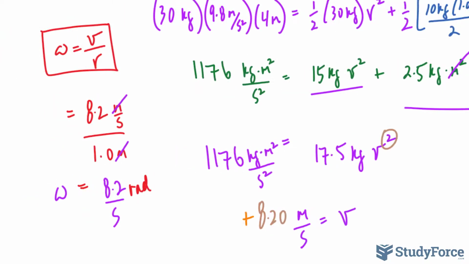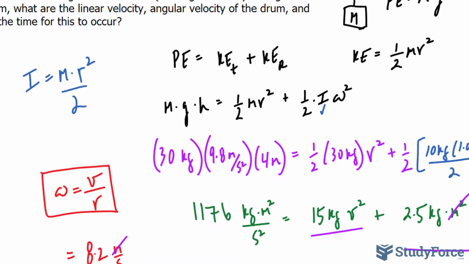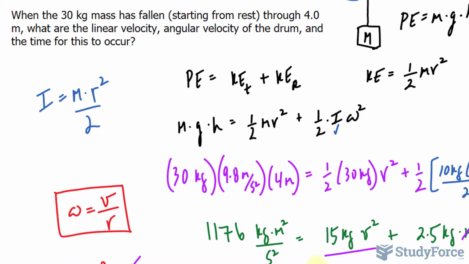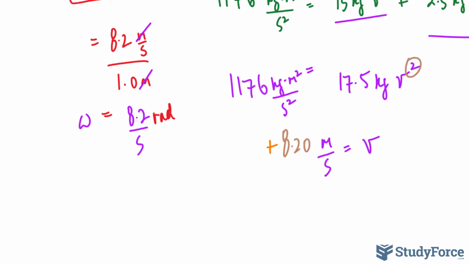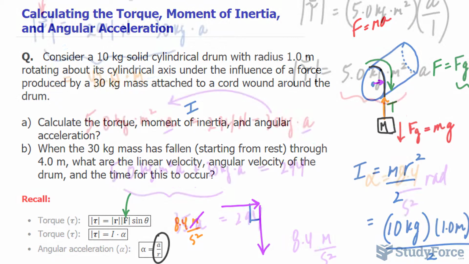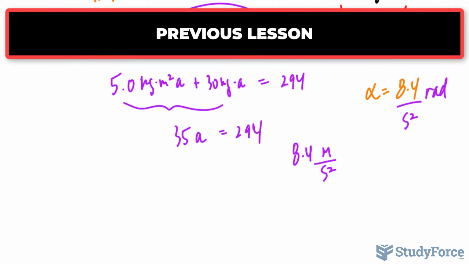And finally, to find the last bit of information required, which is the time that this occurs, we need to borrow information that we found in the previous lesson on angular acceleration. You would actually have to watch that video to find out how this number was derived. The angular acceleration that we found was 8.4 radians per second squared.